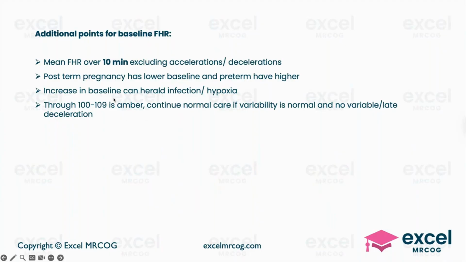And in a post-term pregnancy, you need to have a lower baseline, and for preterms, usually they will have higher, because the nervous system gets more and more developed. By that we mean that the parasympathetics develop and the heart slows down. Preterms have a higher baseline, post-terms have a lower one. Now, an increase in baseline can herald some infection, hypoxia, and 200 to 209 is amber here.